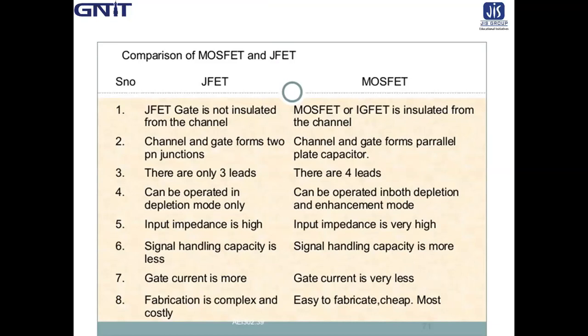In JFET, the conductivity of the channel is controlled by a transverse field across the reverse biased PN junction. Second, the gate leakage current in a MOSFET is of the order of picoampere, while that in a JFET is of the order of nanoampere. That means the MOSFET has much higher input impedance than JFET.